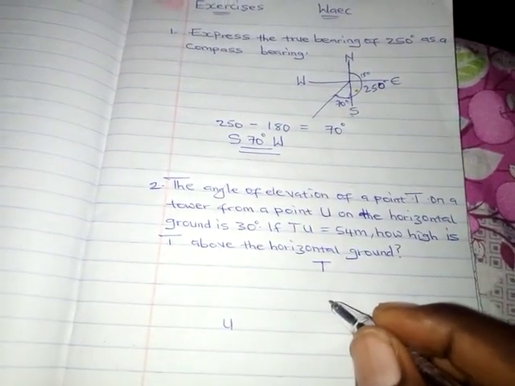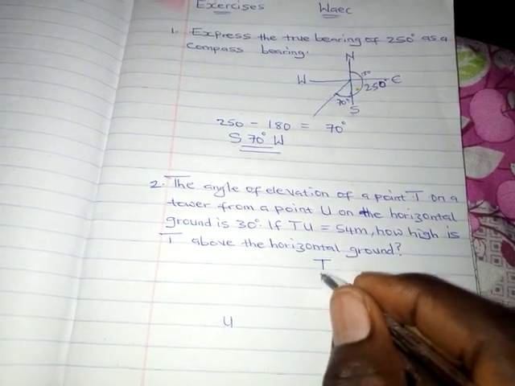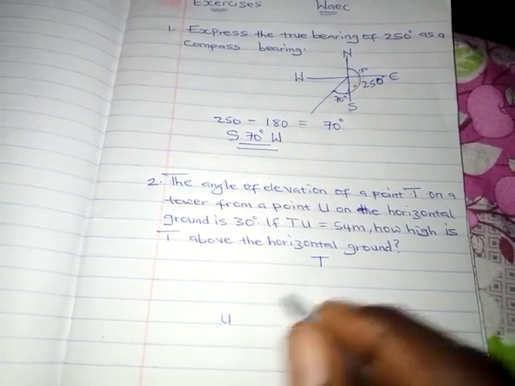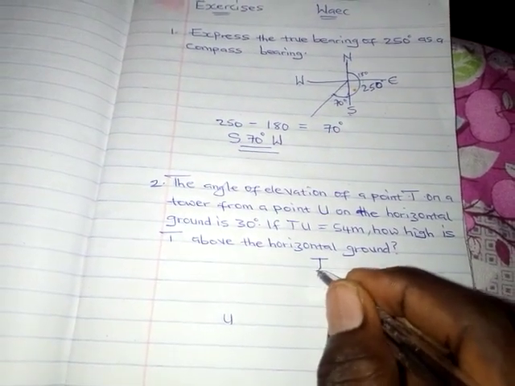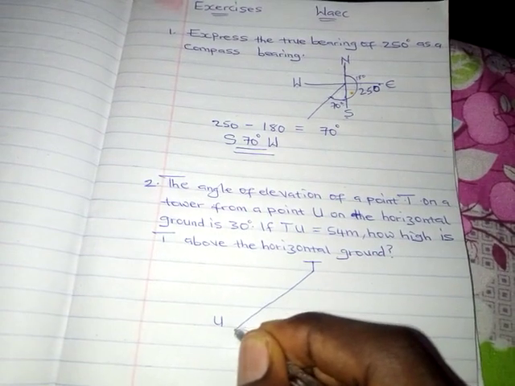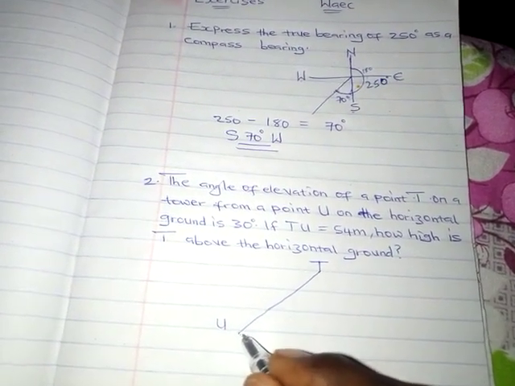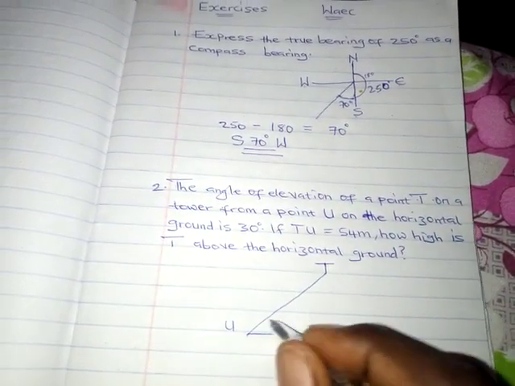So they are telling us now that the angle of elevation of the point T from a point U, so from here down to U, and U is making an angle of 30 degrees with the horizontal ground. So this is the horizontal ground.